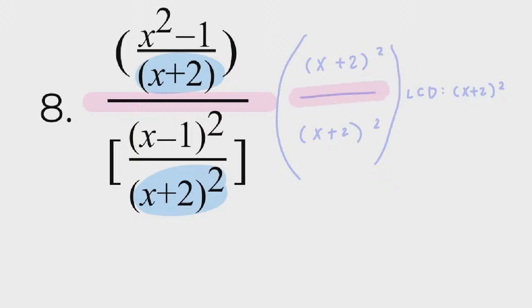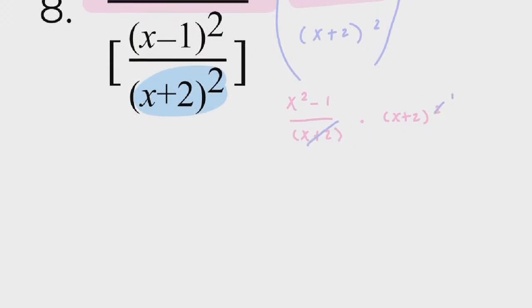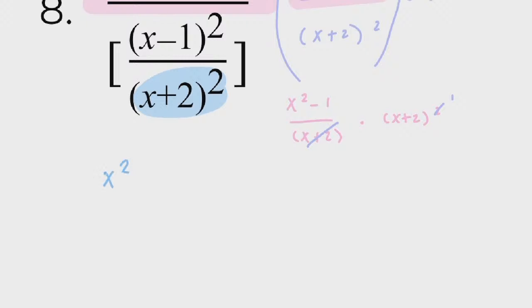Okay, so looking at the numerator, this will be x squared minus 1 over x plus 2 times x plus 2 squared. So we can cancel out one of the x plus 2's and we're left with 1. So that means the numerator is going to be x squared minus 1 times x plus 2.